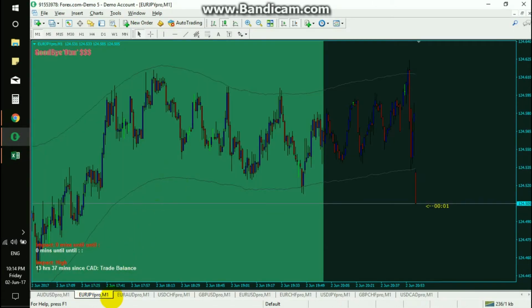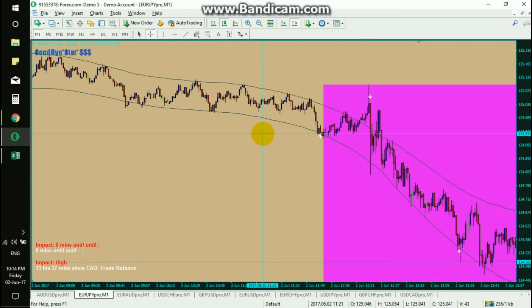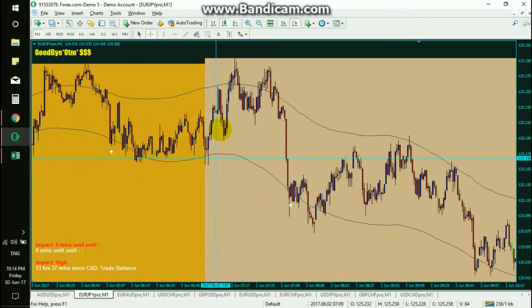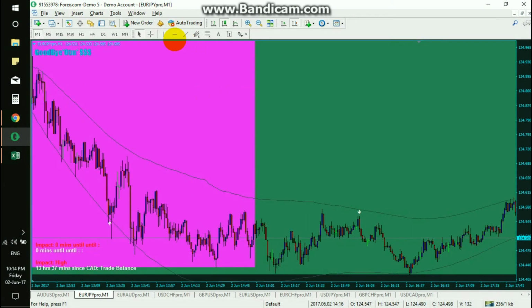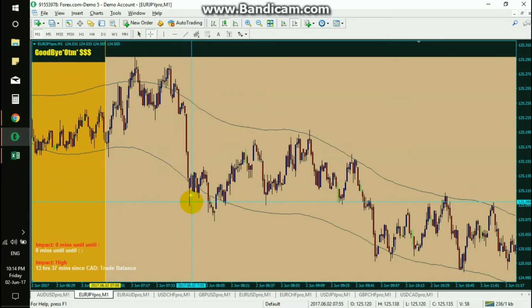Let's check now Euro JPY, which I believe you will find some of the signals. Let's see, based on our arrows. So remember, from this point up until this point, this is the UK session, and then we catch this signal somewhere here, but the price is way inside, too much.